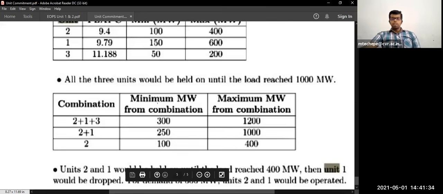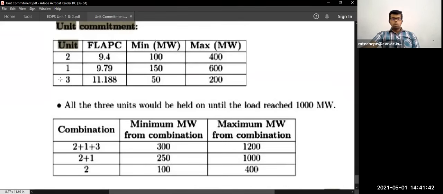Okay, so if you see here, whatever combination you do, it will satisfy. If you go for 2 plus 1 plus 3, that is 300. Whatever the combination, like 100 plus 150 is 250, that also will satisfy here. 150 plus 50, that is 200 megawatt, and 100 plus 50, that is 150, also satisfy over here.